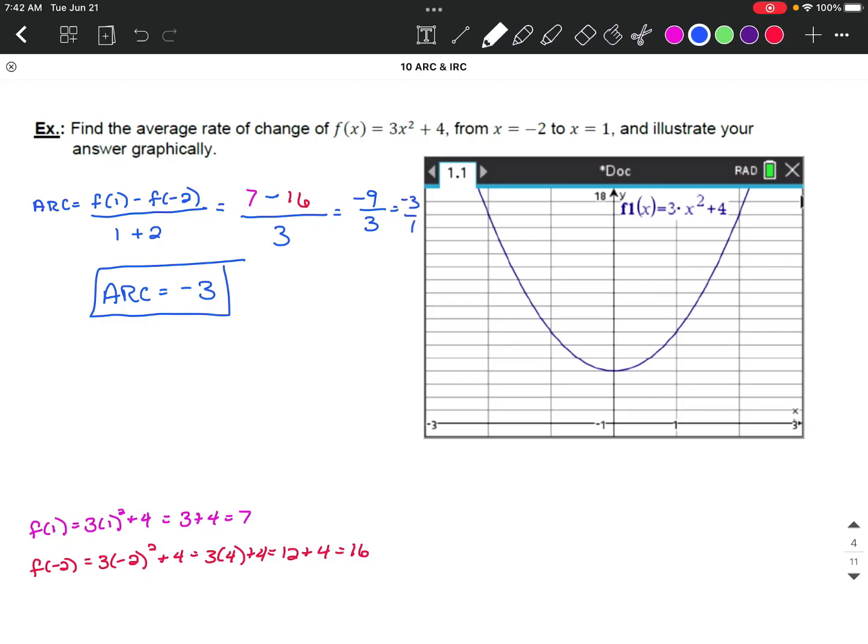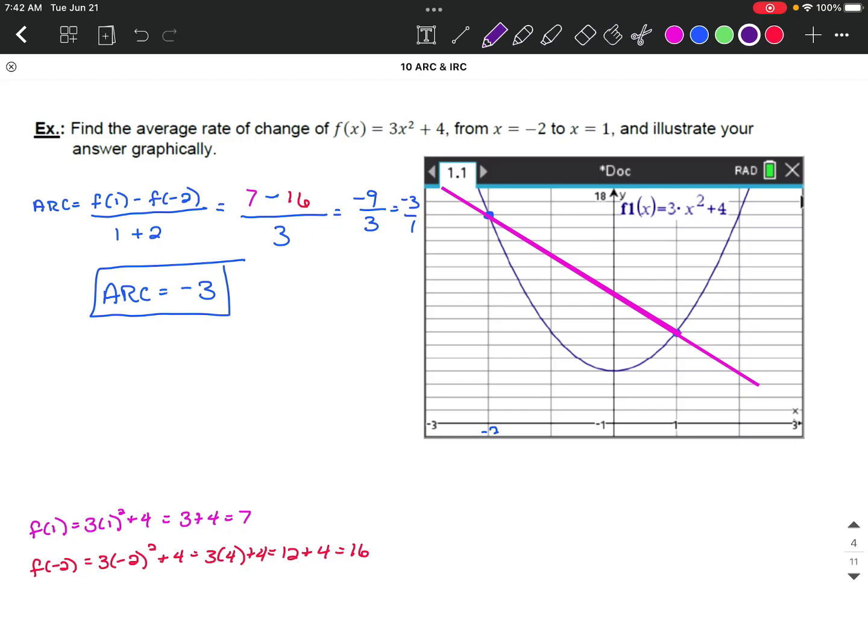Now what we want to do is we're going to say, okay, negative 2 is here, and here it is on the function, and where x is 1, and here it is on the function, and I'm going to get that handy dandy straight edge. And if you look at this secant line, what is the slope of this line?